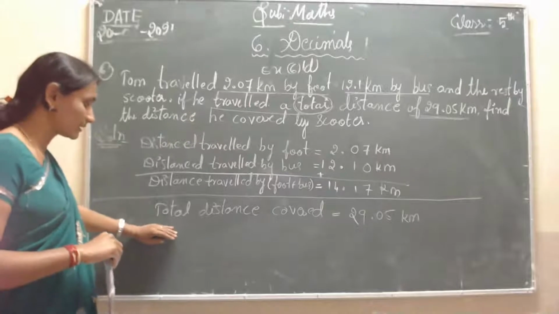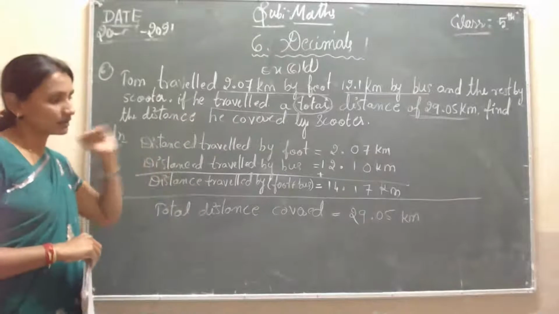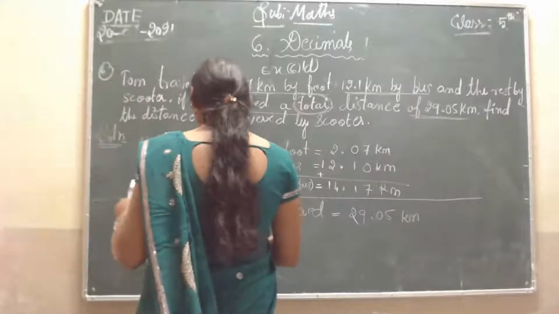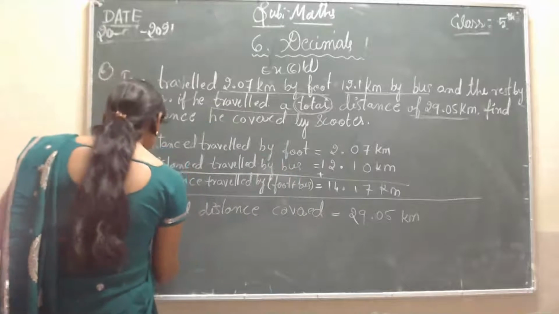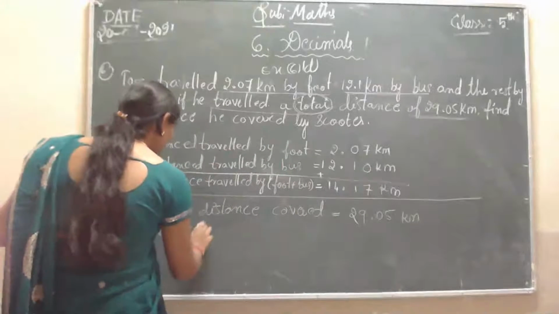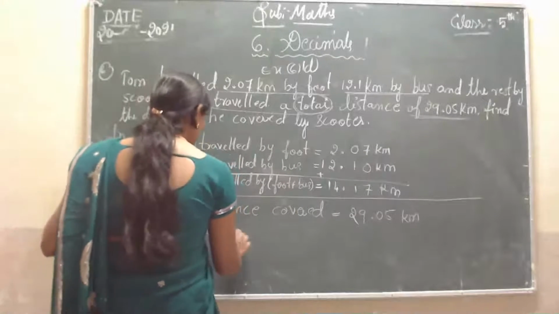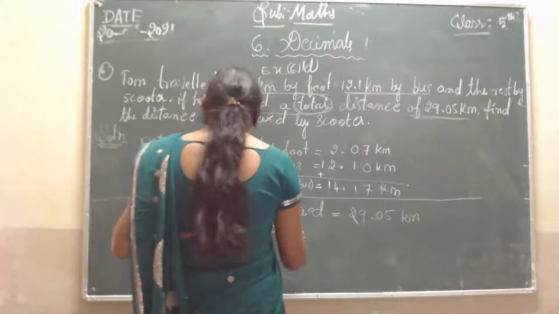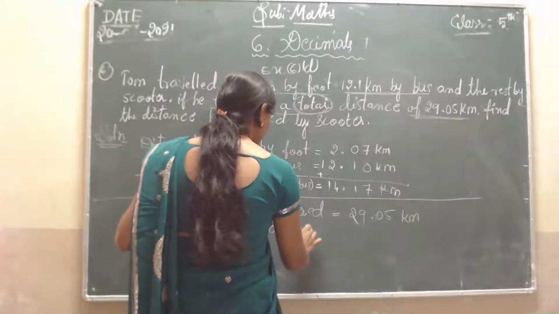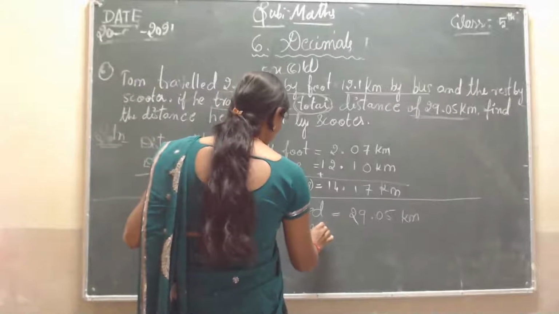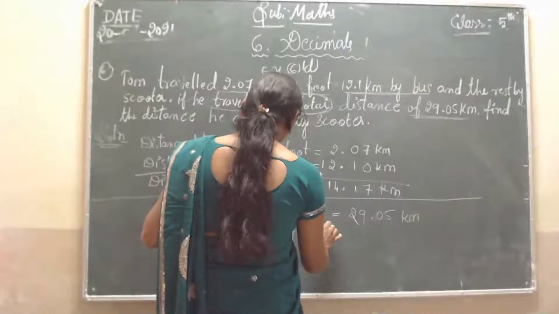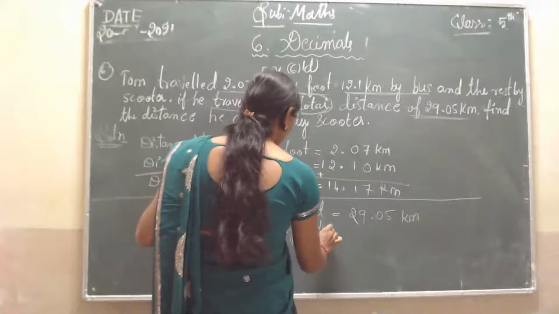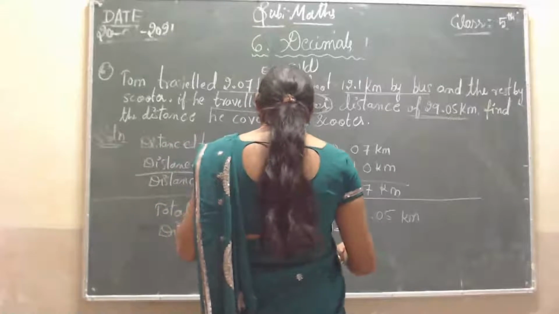So you have to write the sentence. The total distance covered is 29.05 kilometers. So next sentence you have to write: distance traveled by bus and foot.